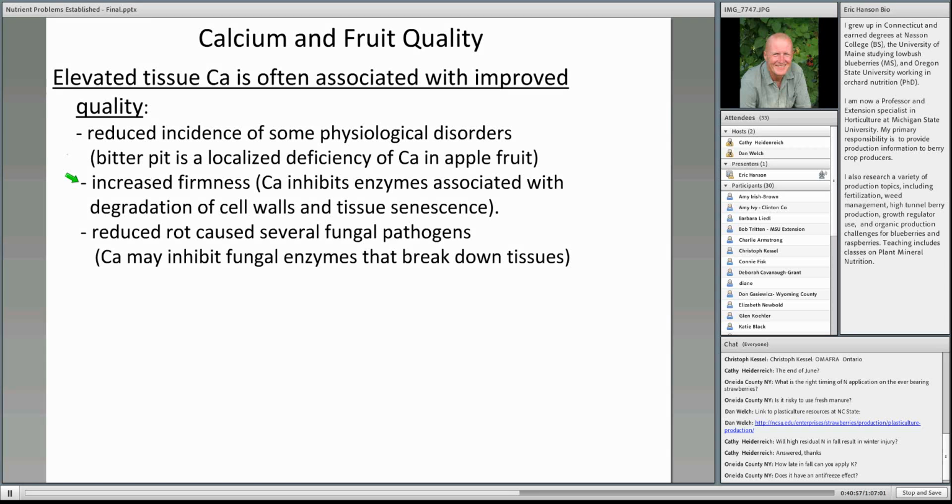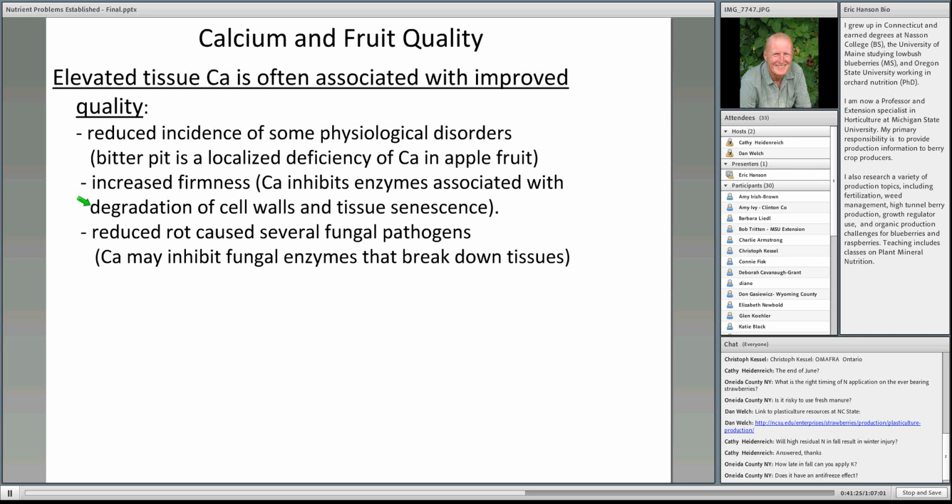We know that there's an increase in firmness usually that accompanies an increase in fruit calcium concentration. This may relate to the inhibitory effect of calcium on some of the natural enzymes in fruit that are associated with the softening and degradation of cell walls and the natural senescence of fruit. So calcium has a direct effect there.